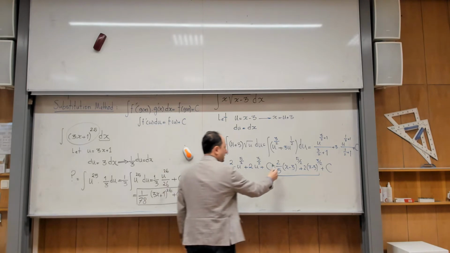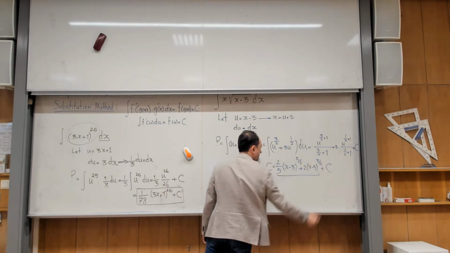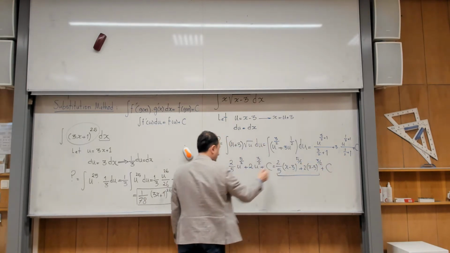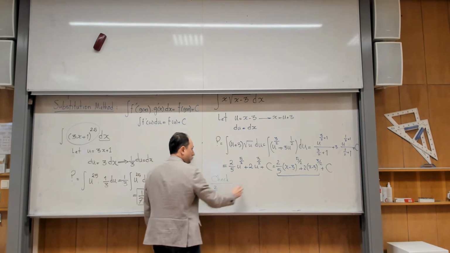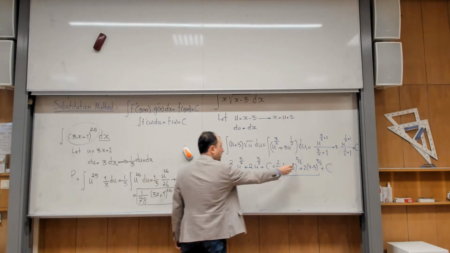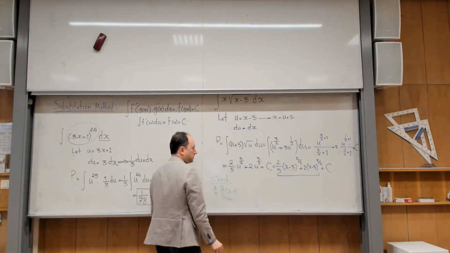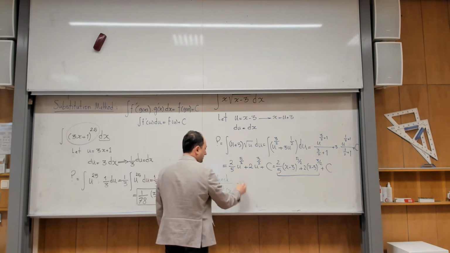If I ask you to take the derivative of this combination, the derivative of c is 0, you just look here. So 2 over 5 is there. 5 over 2 goes down. But this becomes x minus 3 to the power of 1 unit less. 1 unit less is 3/2, yes?